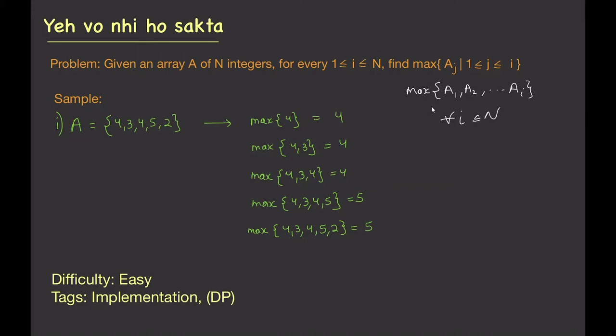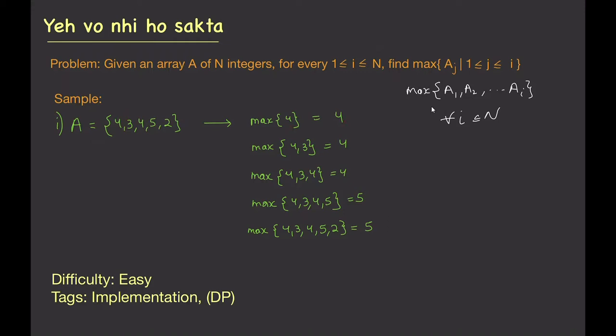So let us see an example. Here you are given the array A: 4 3 4 5 2. First, when you consider i equal to 1, you have only this part of the array. Max of 4 is just 4, so for i equal to 1 the answer is 4.